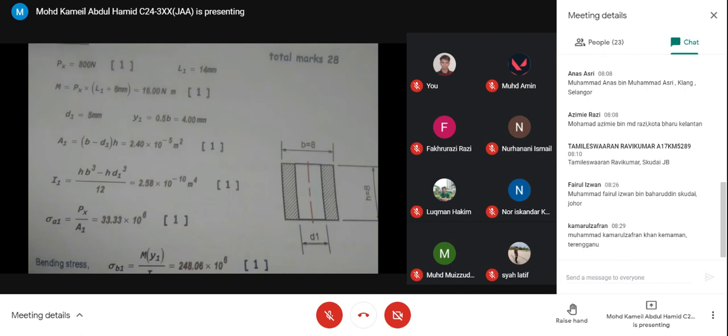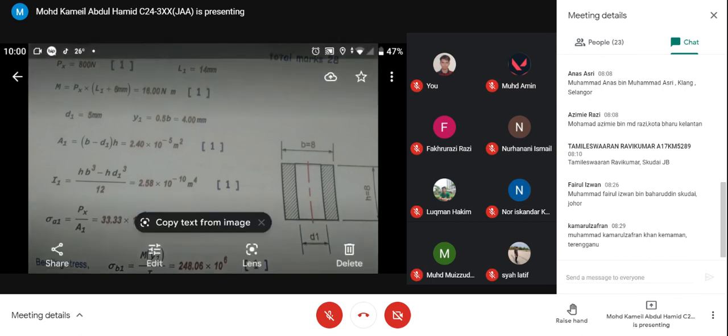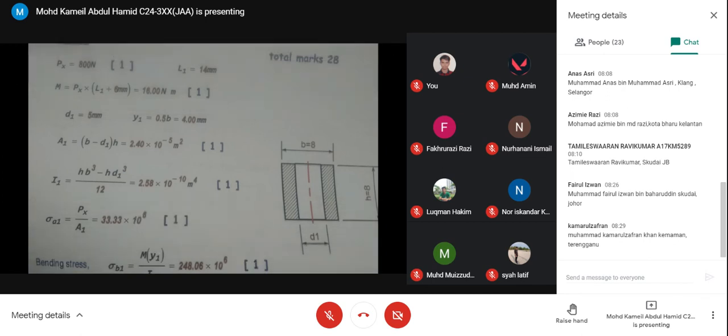S1, S2, 8x8. So that is the beam. Okay, the base and height. Okay, D1. What is D1? D1 is the lubang diameter tu. Diameter of the hole is 5 mm. Kemudian Y1. Y1 is 0.5 B. Okay, 0.5 B. B is 8.